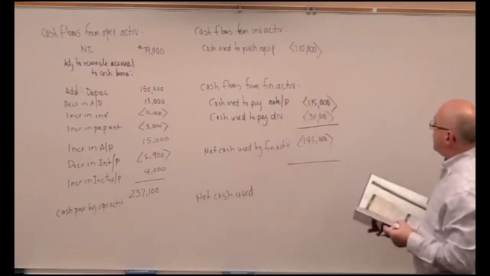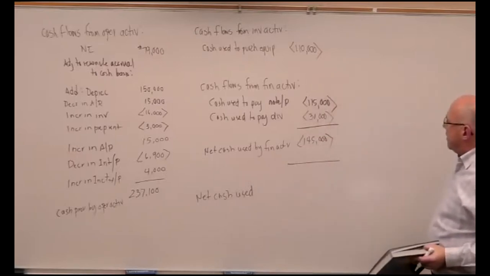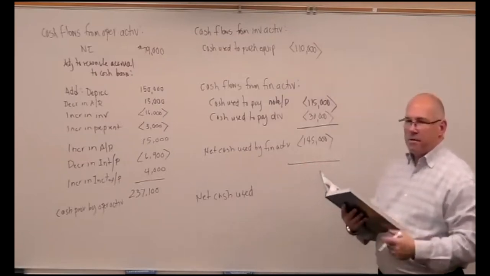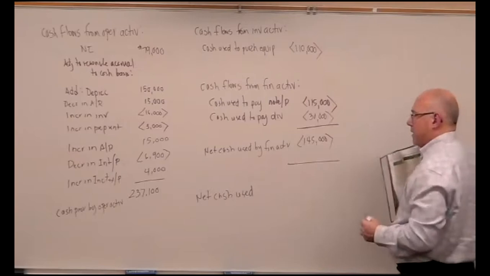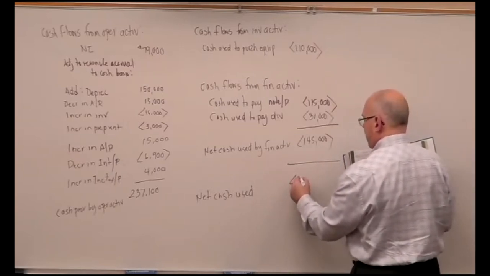Net cash used. So we have 145 plus 110 is 255. 255 minus 237.1 is 17.9, 17,900.